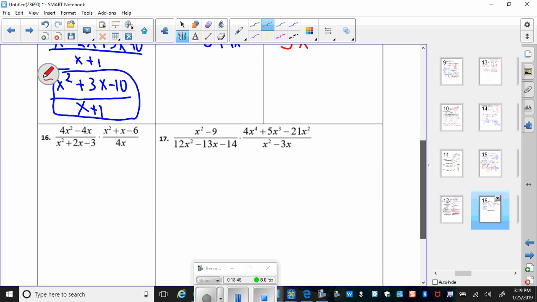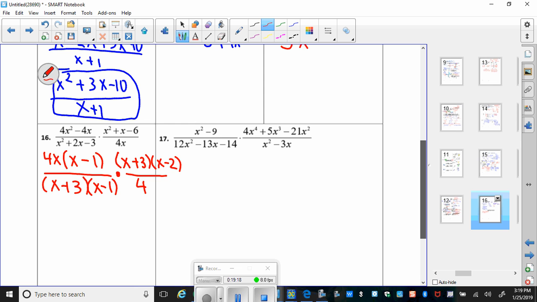Next, for 16, I'm going to factor the top part. So 4x factors out, it's my greatest common factor. I'm left with x minus 1. On the bottom, I have x plus 3 times x minus 1 times, on the other side, x plus 3 times x minus 2 over 4 times x.